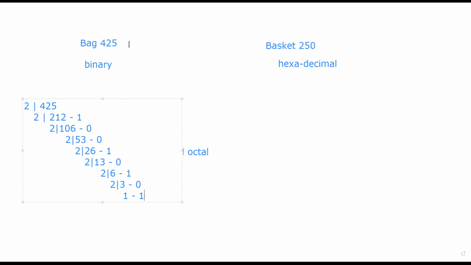So that means 425 in binary, right? We have 1 1 0 1 0 1 0 0 1, isn't it?